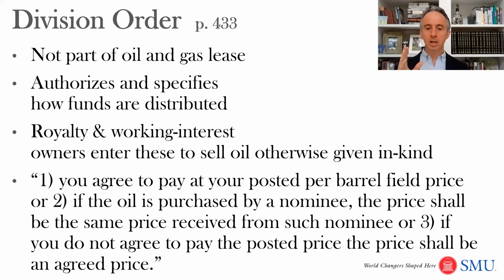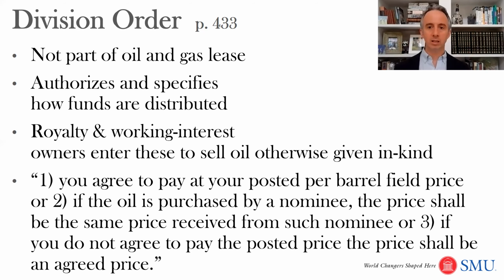So in other words, if the oil company isn't paying for the oil at that posted price, and it's sold to a purchaser, well, then whatever the oil company got for it, the landowner should receive. Or if you do not agree to pay the posted price, the price shall be an agreed price. So there can also be an agreed price, agreed between those two parties, that determines how much money the landowner receives.